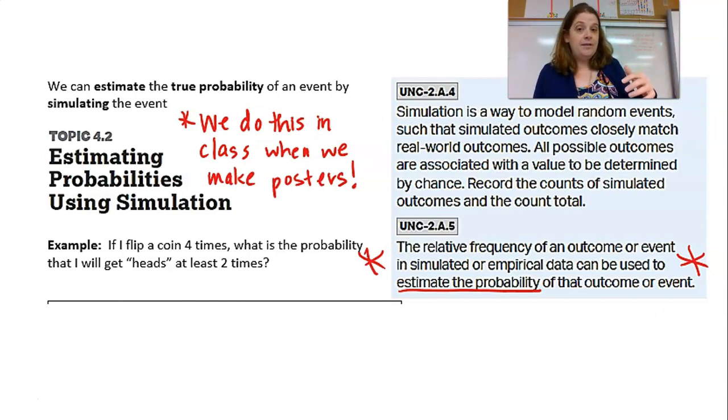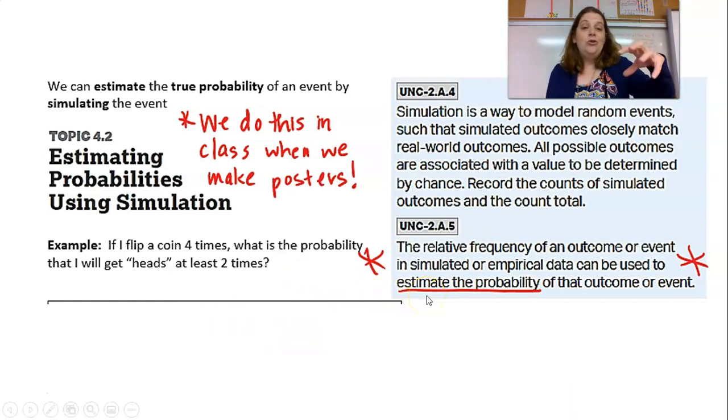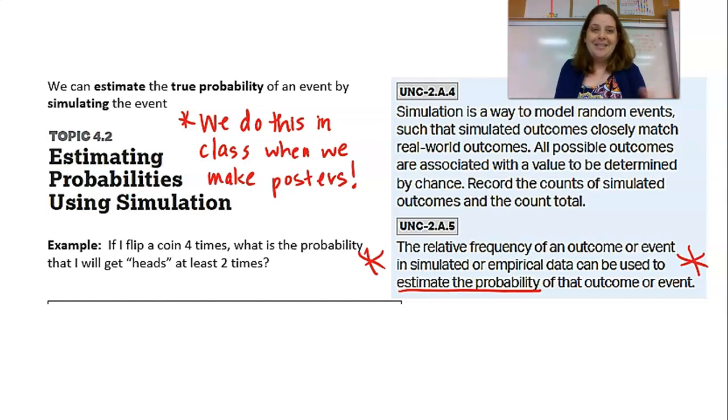And so, based on the law of large numbers, we're allowed to use those simulated or empirical probabilities to estimate what's actually going to be true, which is convenient for us because it allows us to calculate some probabilities before we have the mathematical skill to do so, or sometimes it makes us able to see what's going on so that we don't even need to do those calculations. So for example, if I flip a coin 4 times, what's the probability that I'll get heads at least 2 times? Now, I could write out all the possibilities of coin flips here, but what's the fun in that?